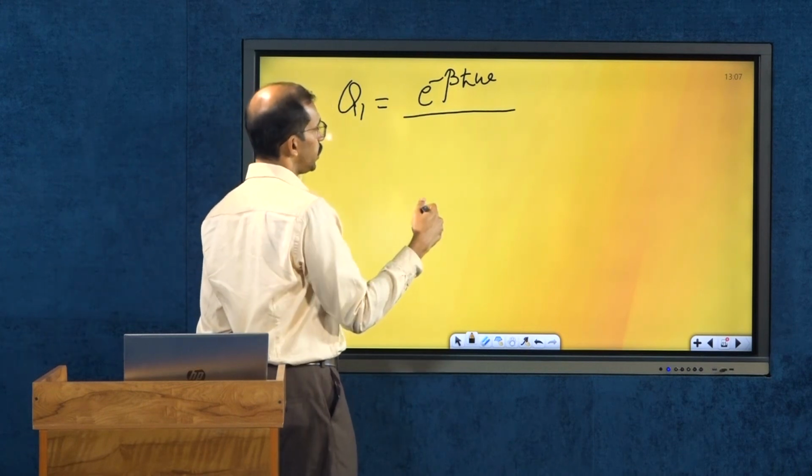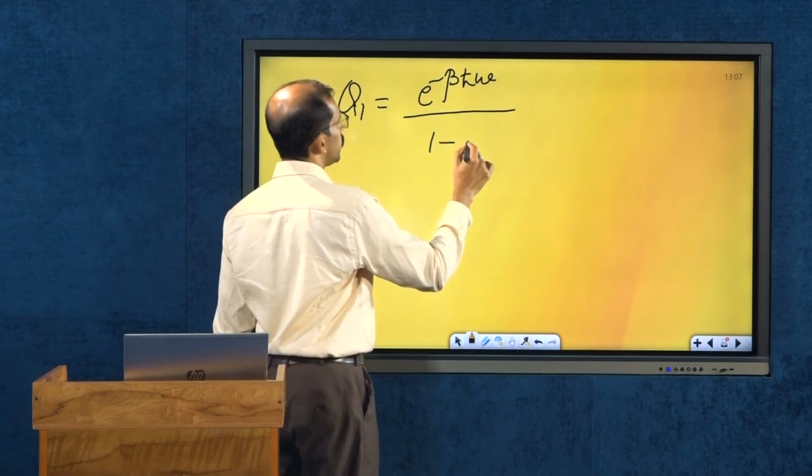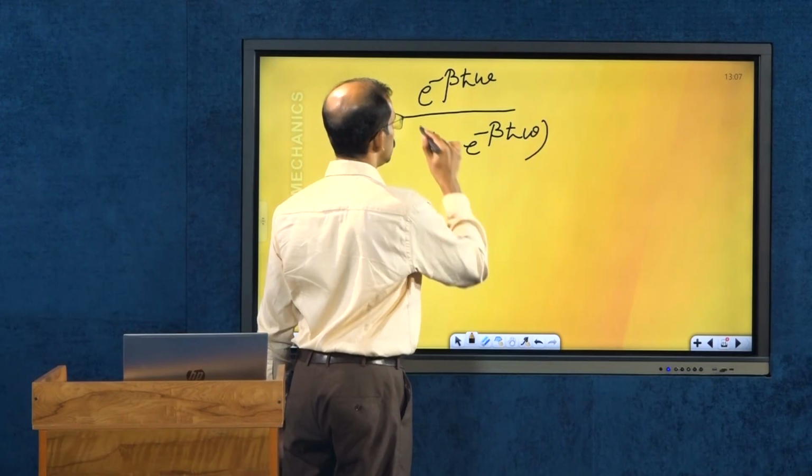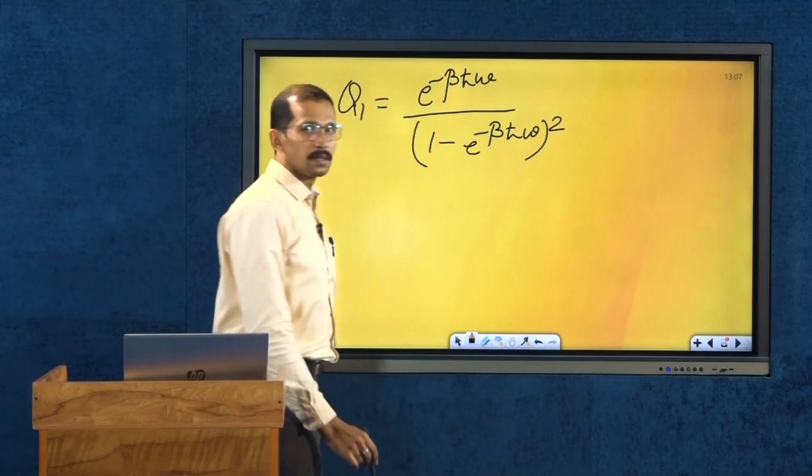Therefore, I can take it to the denominator. I can write it as e raised to minus beta h cut omega divided by 1 minus e raised to minus beta h cut omega, the whole squared.